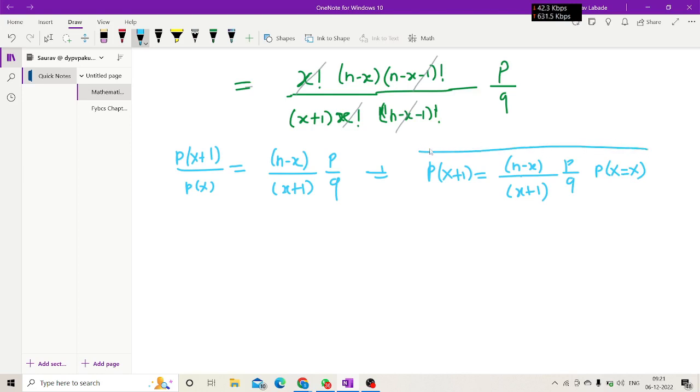And that is the relation between the next probability and the current probability.